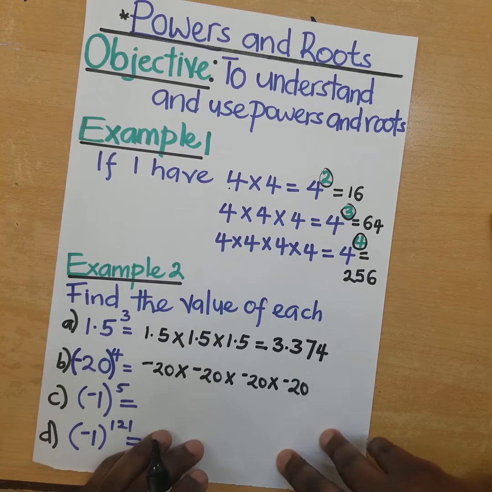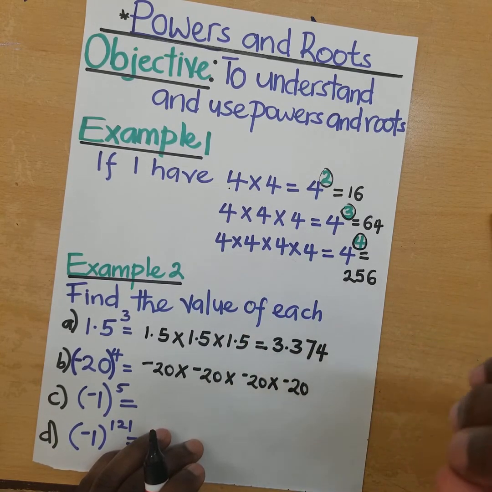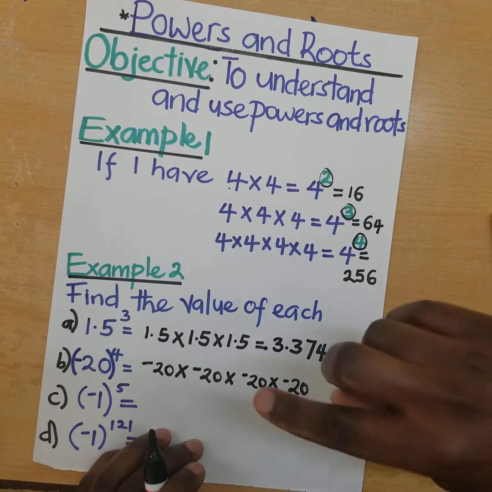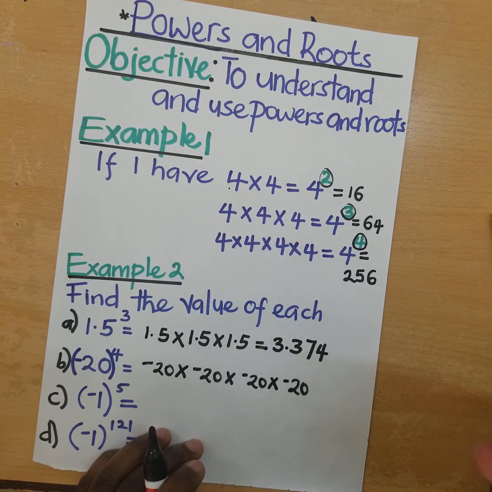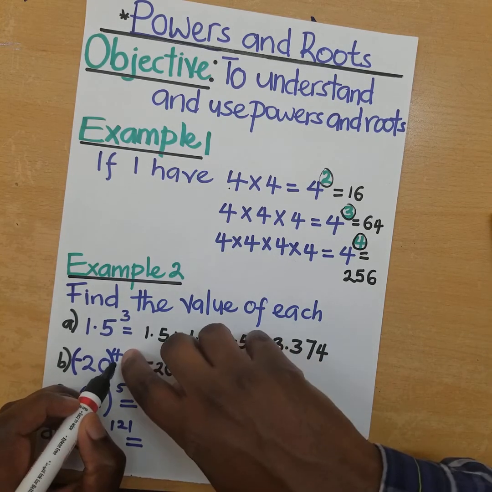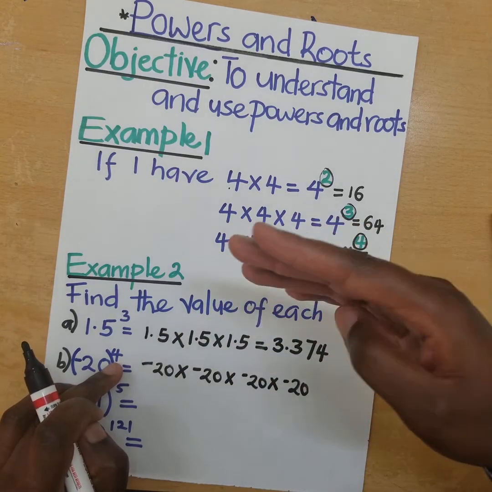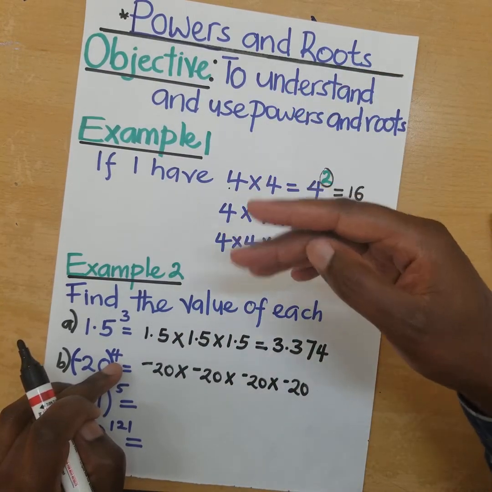4 times. Remember, if you're multiplying a number with the same sign, what happens? The answer will be a positive. But even before you go there, if you have a power that is even, we know that even numbers are 2, 4, 6, 8, 10.